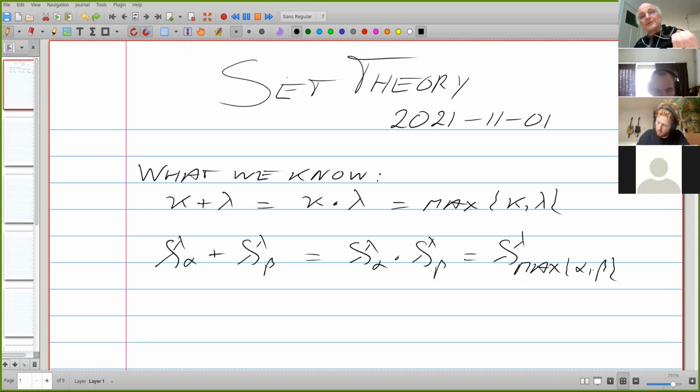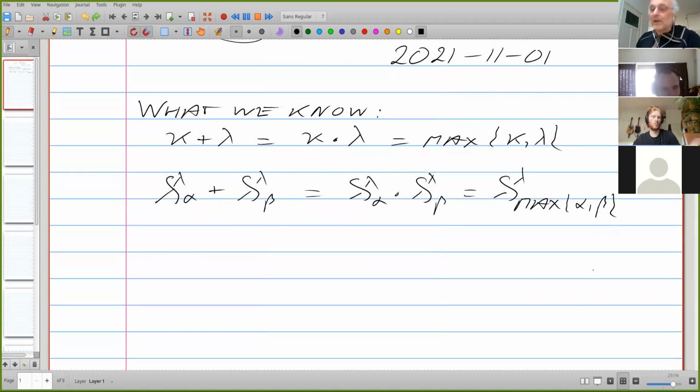So we have an easy function that tells us, given alpha and beta, what the result of the arithmetic operation is when we apply it to Aleph alpha and Aleph beta. We get Aleph maximum of alpha beta.